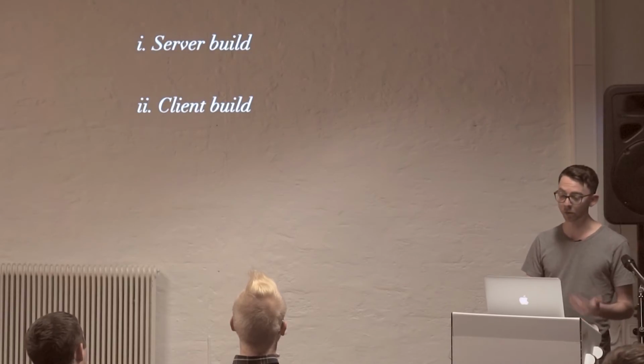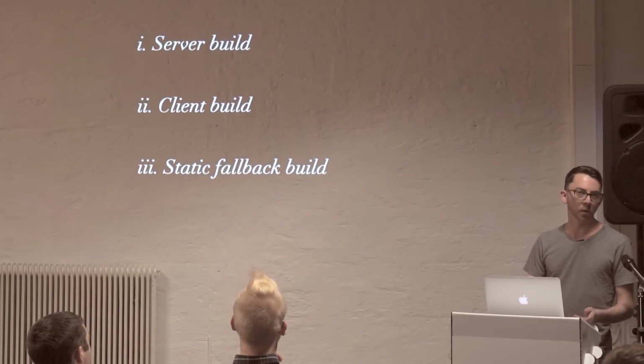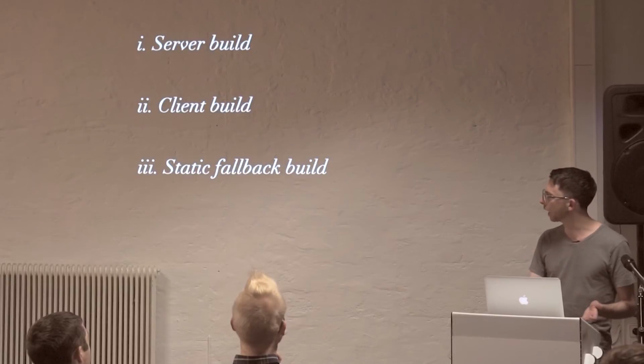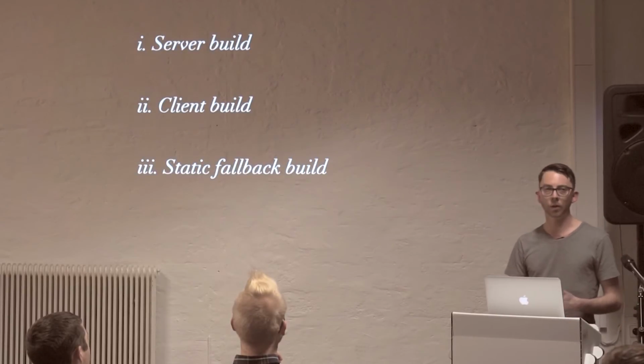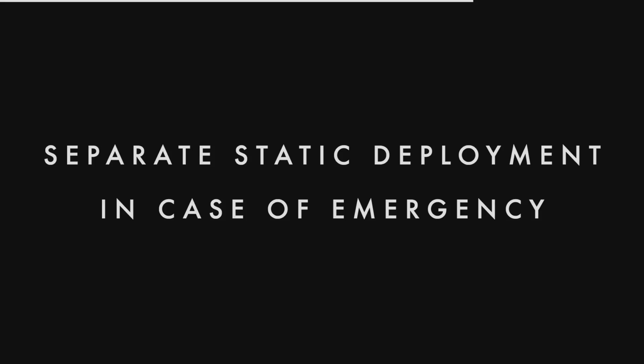We added an extra step in there to generate a static fallback build, essentially to build what you would have done in the old days of a pure static site. That's just now an extra output of the build. So we have a separate static deployment in case of emergency. If you really need to break that glass, it's there.